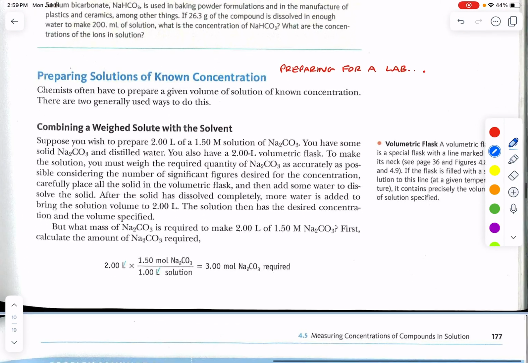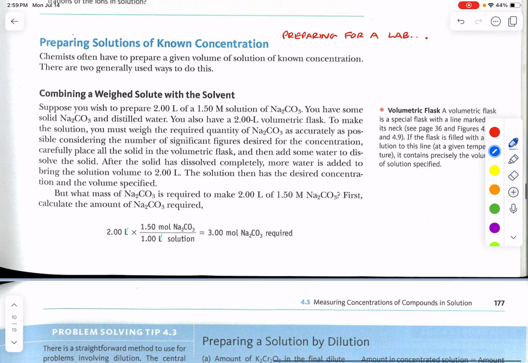Now, the last example of preparing solutions for a lab is when your solute is in solution and you want to dilute it. When you want to dilute your solution, we use the technique that I'm about to talk about here.